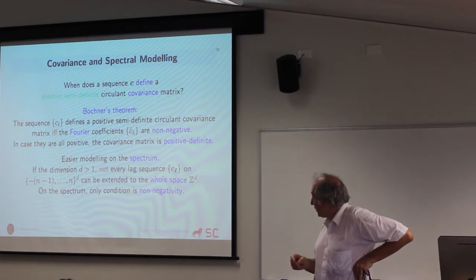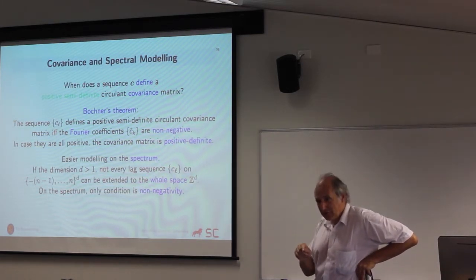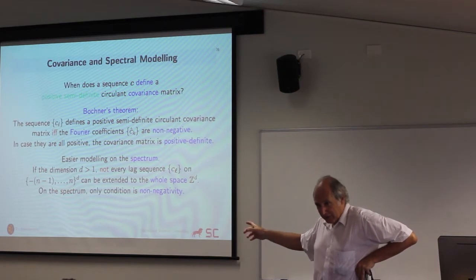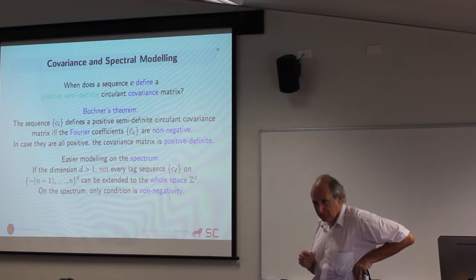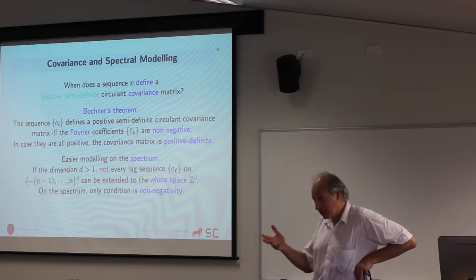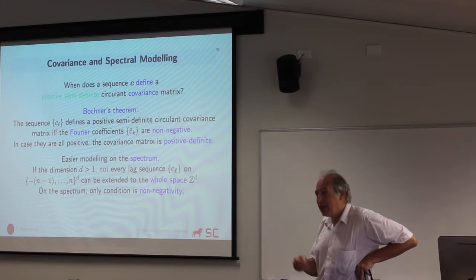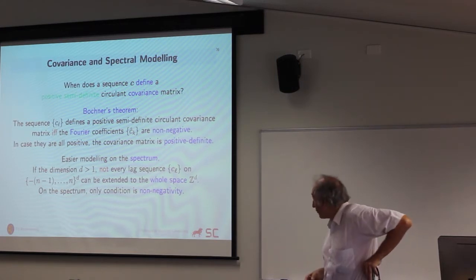There's something called Bochner's theorem, and it tells you if something is a positive definite function and shift invariant, it has to be a Fourier transform of a positive function. Okay? So this is the spectral density. Okay, and it has to be positive. So modeling spectral densities is just modeling a positive function. It's much easier than modeling positive definite functions, which are covariance functions.